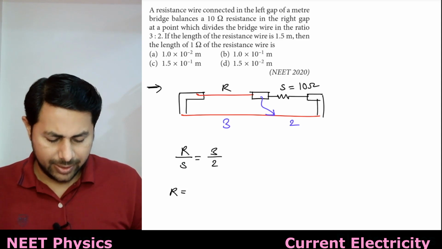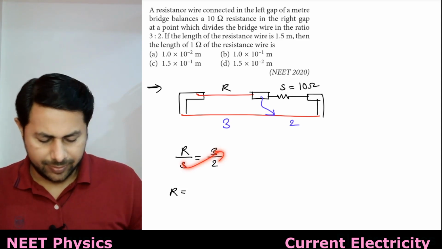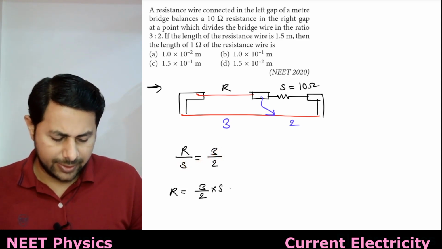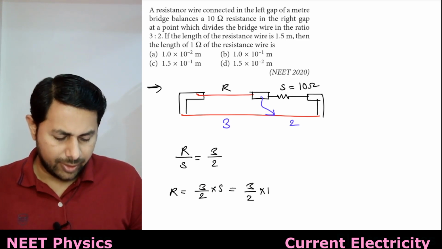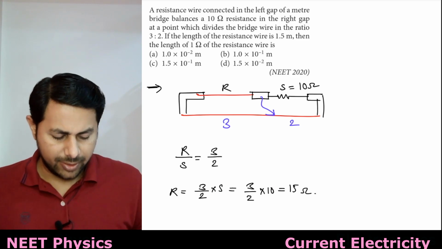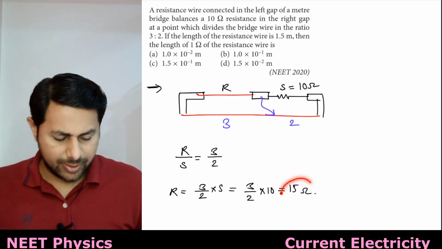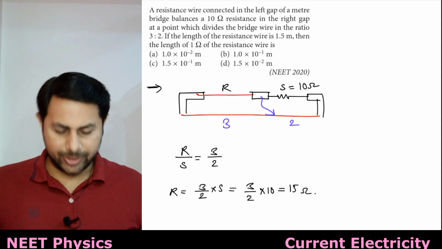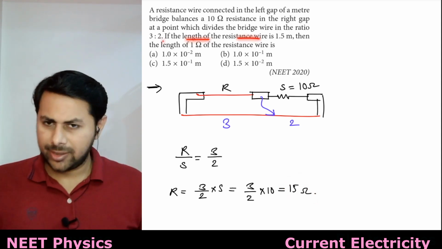And what would be R? Just move S to that side, so it's 3 by 2 times S, that is 3 by 2 times 10, right? So it is 15. R is 15 ohms. Then what does the question say?